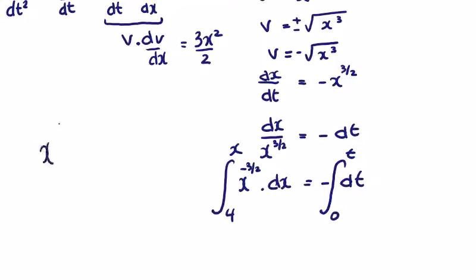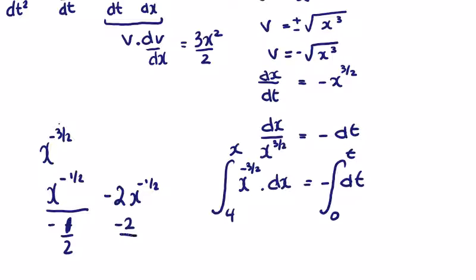So x to the power of minus 3 over 2, increase the power, x to the power of minus 1 over 2, and divide by this new power minus 1 over 2. So it's going to be 2 over 1, so it's going to be minus 2x to the minus a half, which is minus 2 over the square root of x. So I think it's always good maths, tidy it up before you bring it back in.